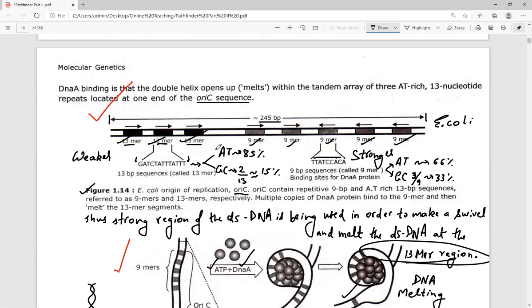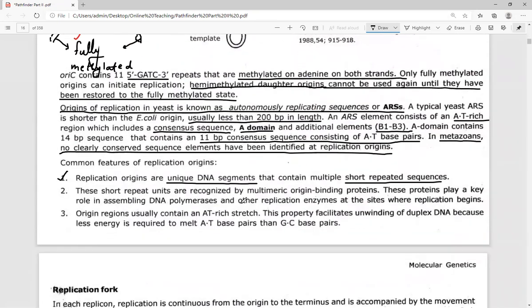So these are the conserved residues which are present. These short units are recognized by specific proteins, which are referred to as multimeric origin binding proteins. These proteins have the ability to bind to the origin of DNA replication.